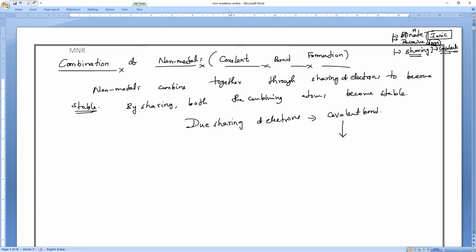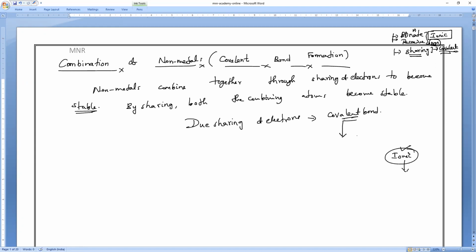In an ionic bond, one is interested to lose the electron and another is interested to gain the electron. But in a covalent bond, both atoms require electrons to achieve the stable inert gas configuration. That is the difference between ionic bond and covalent bond.